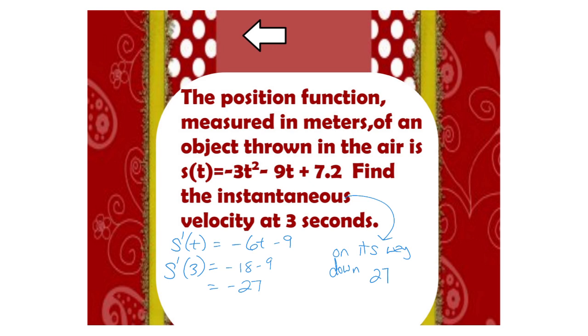This one is in meters per second. Now, I do want some sort of notation that explains this negative. If you just leave it negative, I guess that's okay, but don't just write 27 meters per second. Clarify that it's on its way down, and that's why the answer was negative on that.